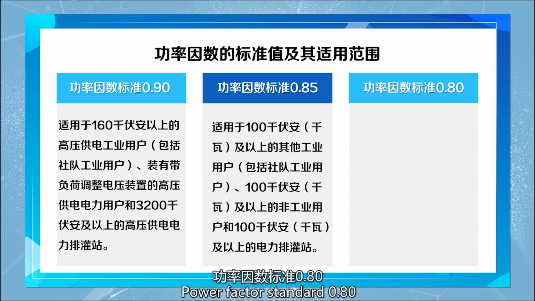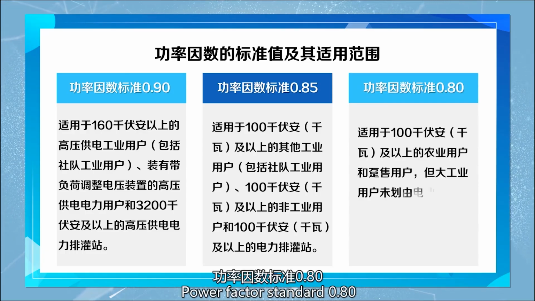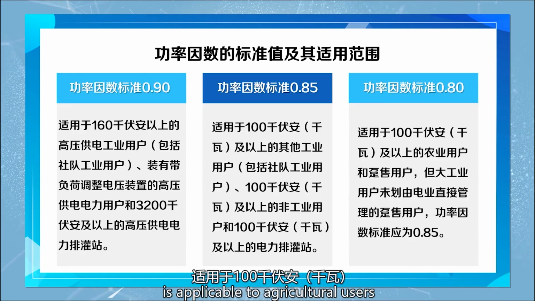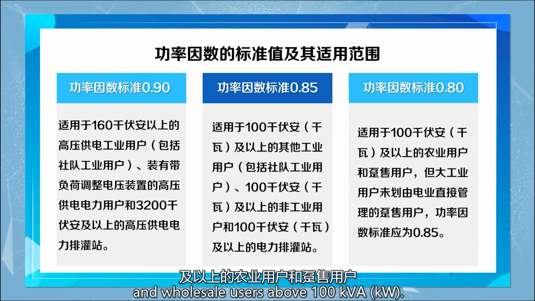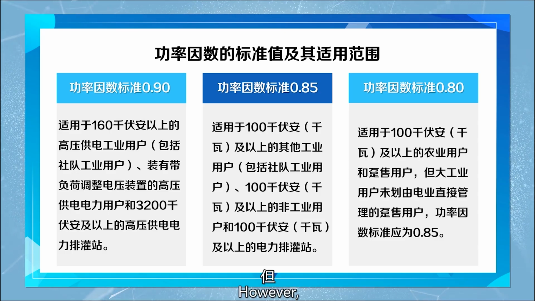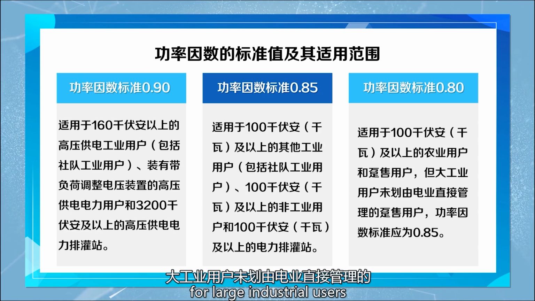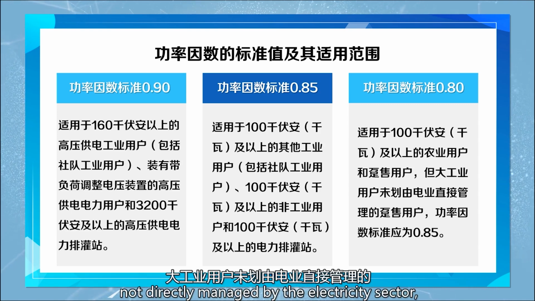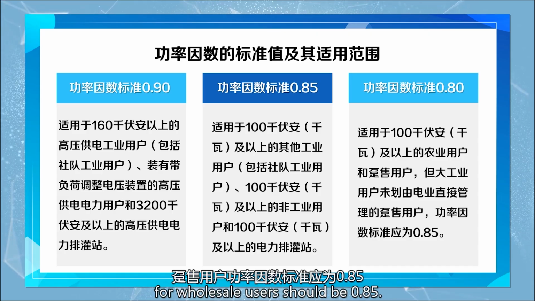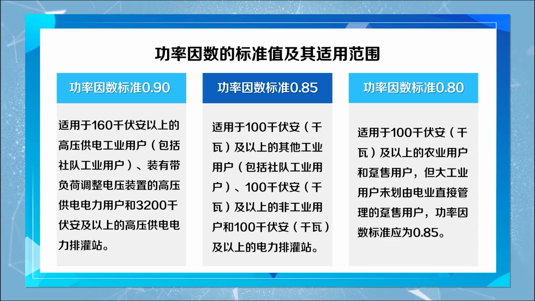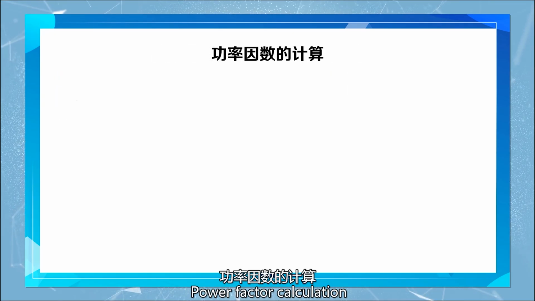Third, power factor standard 0.8 is applicable to agricultural users and wholesale users above 100 kVA. However, for large industrial users not directly managed by the electricity sector, the power factor standard for wholesale users should be 0.85. Power factor calculation.